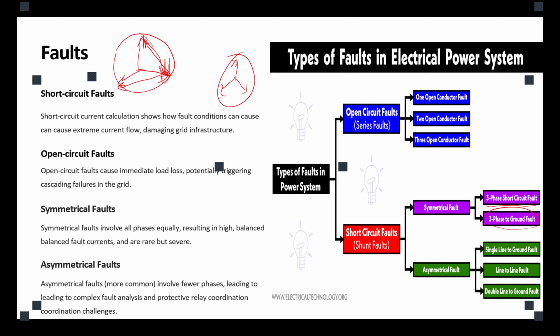In asymmetric faults, it happens to either one or two of the phases. Now it could be line to line, so phases are connecting to each other, or line to ground, one of the phases connects to ground, or double line to the ground, two of the phases connect to voltage zero or ground. Are we good?